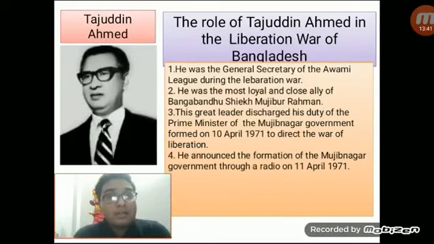Then he announced the formation of the Mujibnagar government through radio on 11 April 1971. Dear students, here I want to share some information with you. The Mujibnagar government was formed on 10th April at 8 Theatre Road in Kolkata. That is why this government is called an exile government or Probashi government.